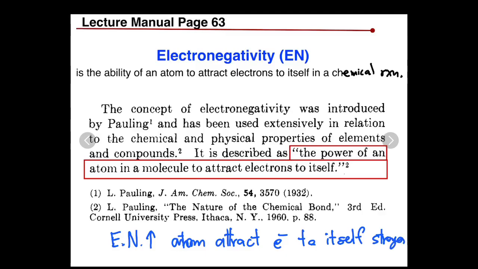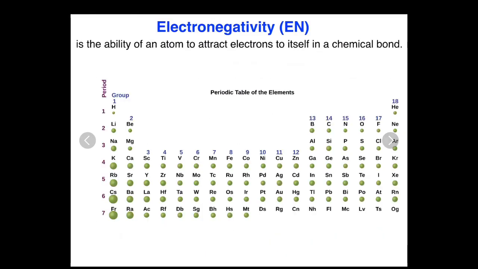Let's take a look at the size of atoms, and we are going to use the size of atoms to help us predict the electronegativity value. We are going to look at the elements on the periodic table, except we are going to ignore the last group, group 18 or group 8A, the noble gases.